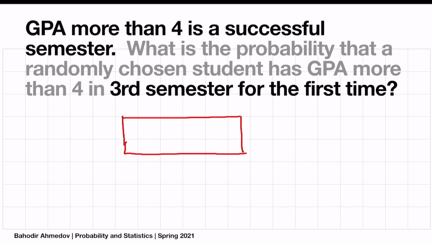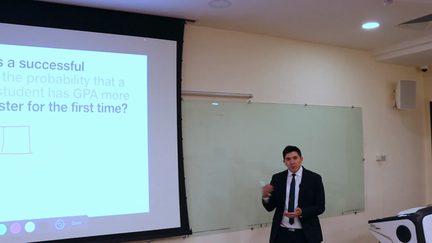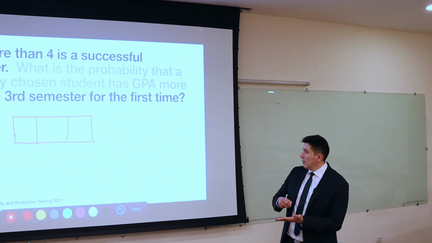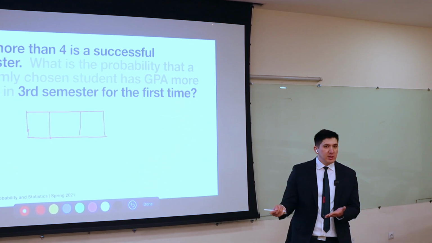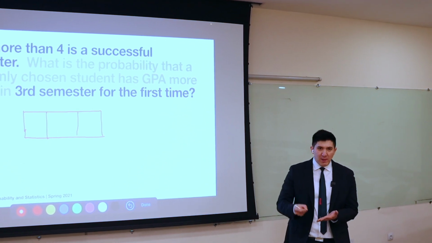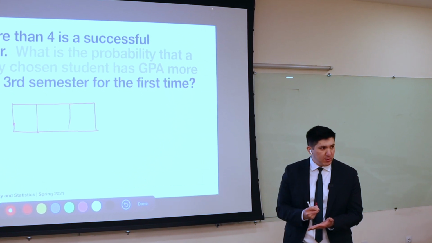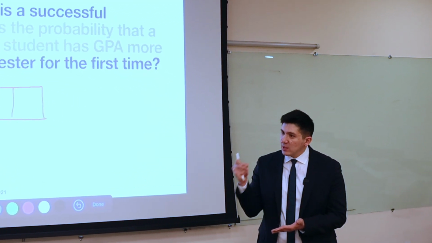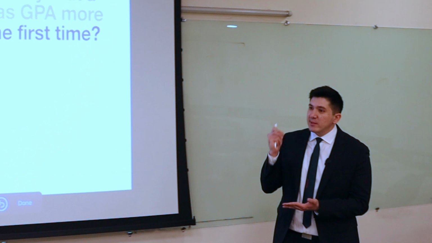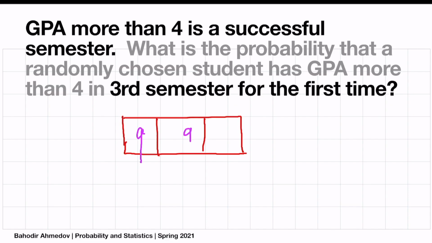I'm going to put 3 blocks. For every block, I'm going to put the letter either P or Q, depending on whether the semester was successful or unsuccessful. In order to get the first successful semester in the third semester, what you need is Q, Q, P.